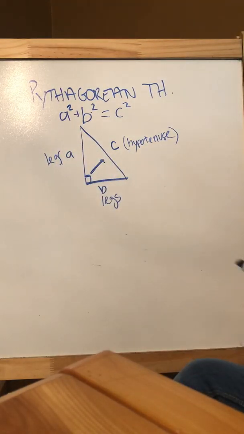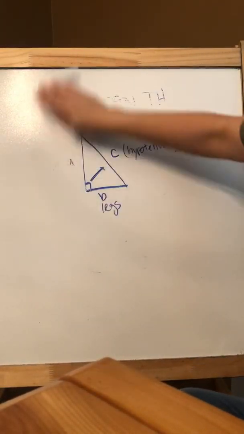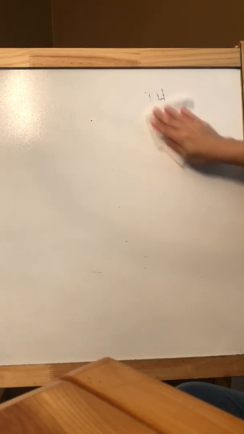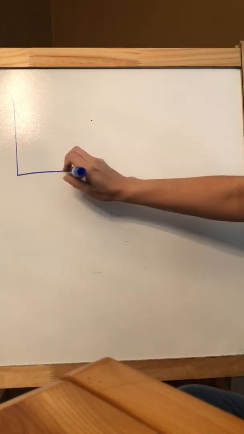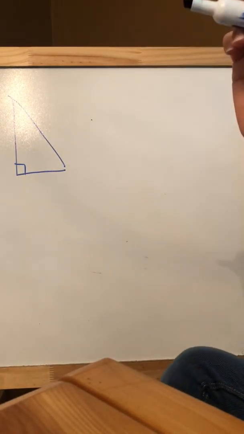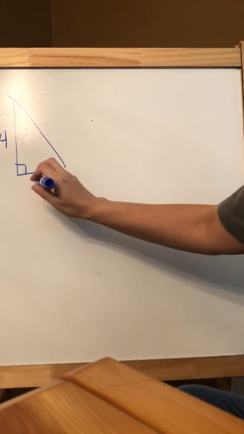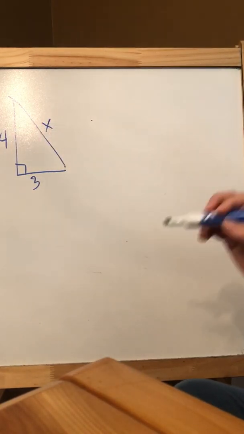All right, let's try some actual Pythagorean theorem problems here. What if you have a right triangle like this, and we have this one, this side is 4 and this side is 3, and here we have x.